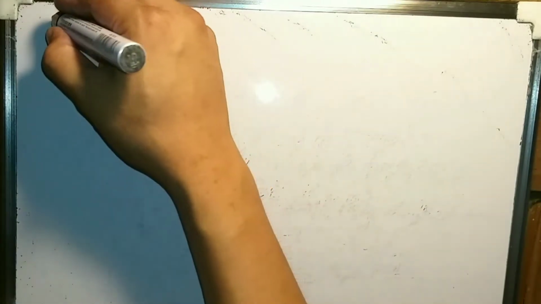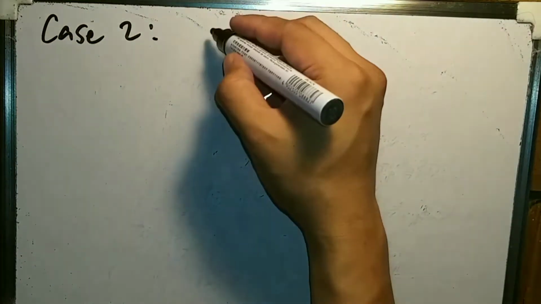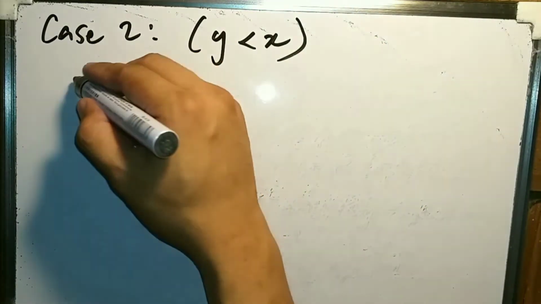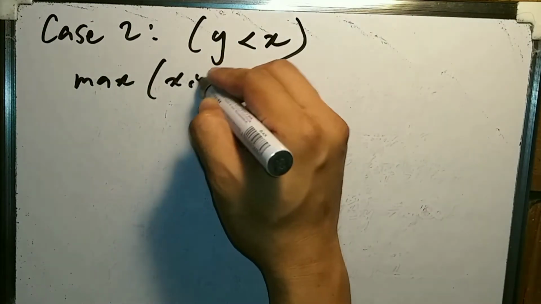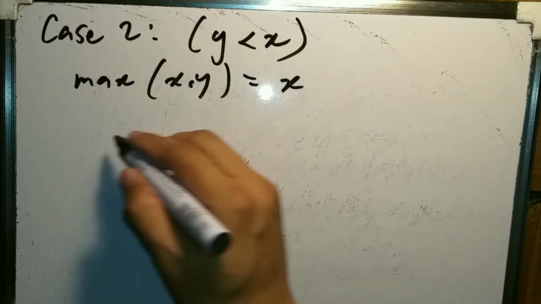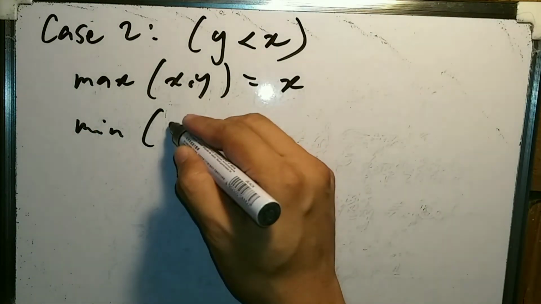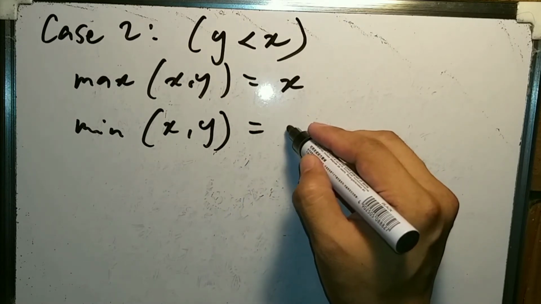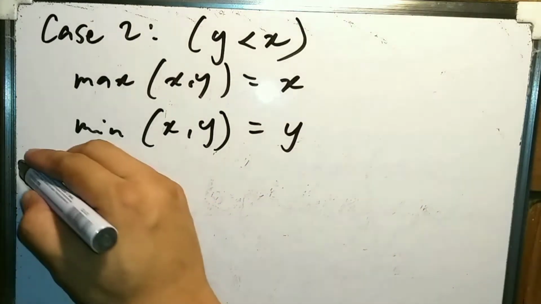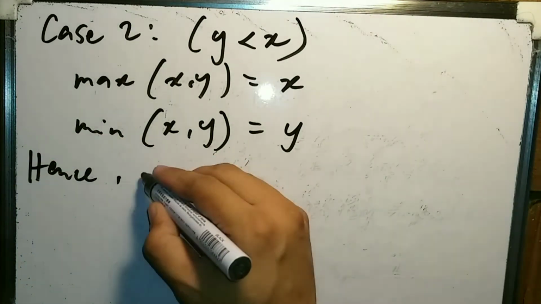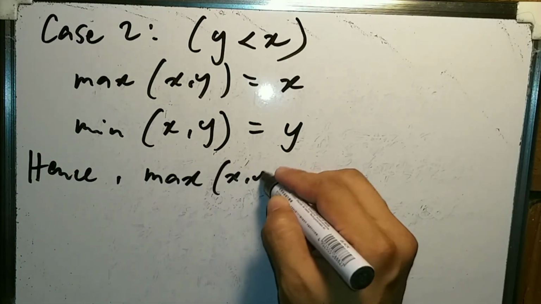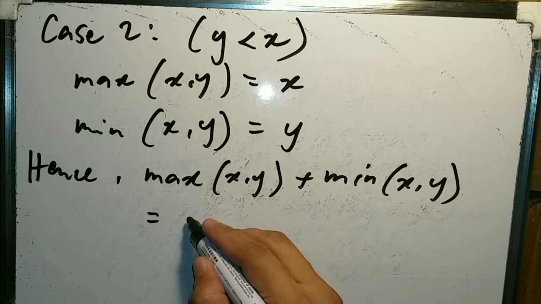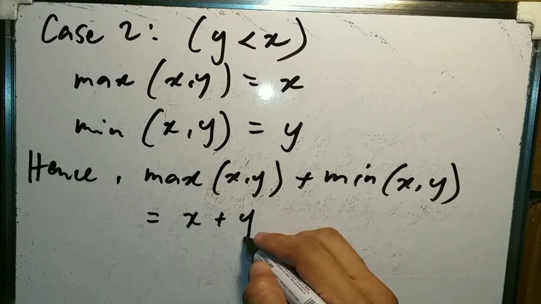So let's have case 2. For case 2, we have y less than x. Now, if we take the maximum of x and y, that would be x, and the minimum of x and y would be y. So hence, the maximum of x and y plus the minimum of x and y would be x plus y.